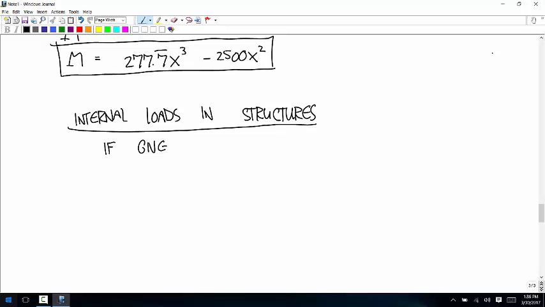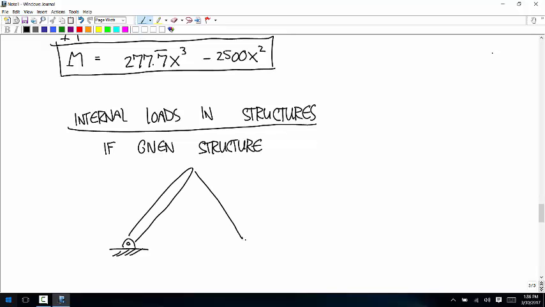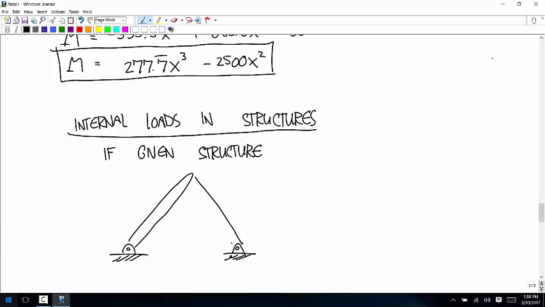If you're given a structure, let's say this is the structure, with a pin connecting them. And let's say there's a force F applied here.